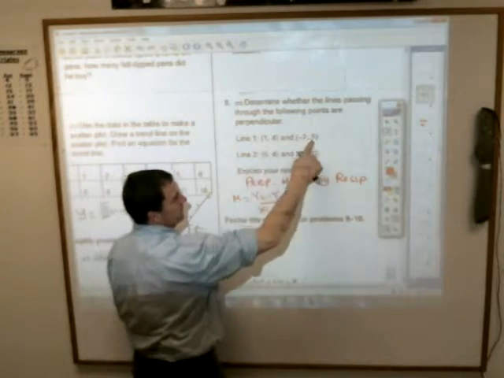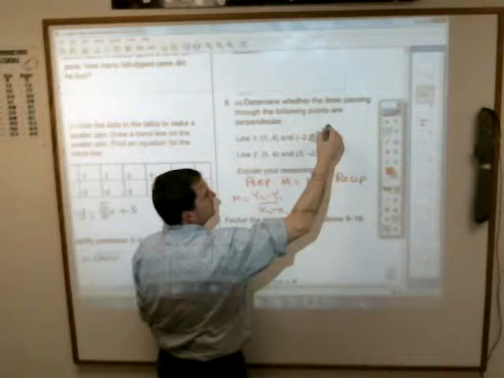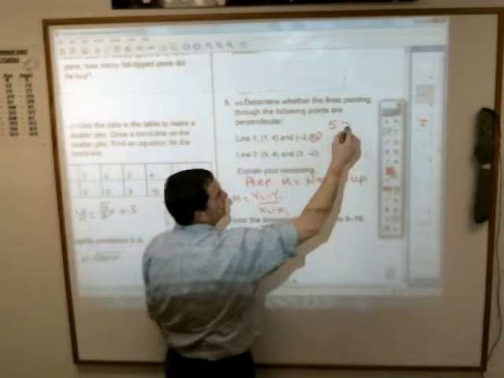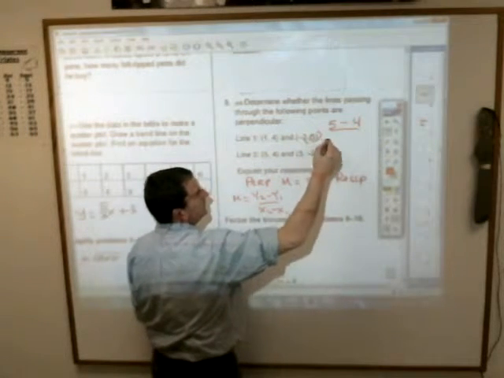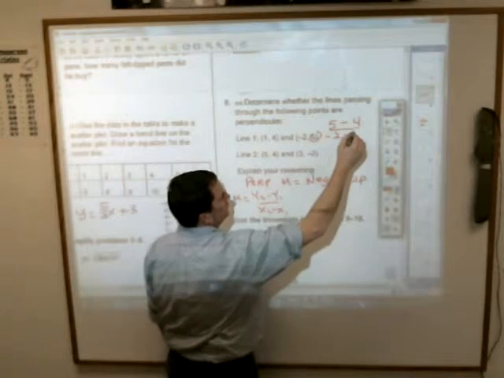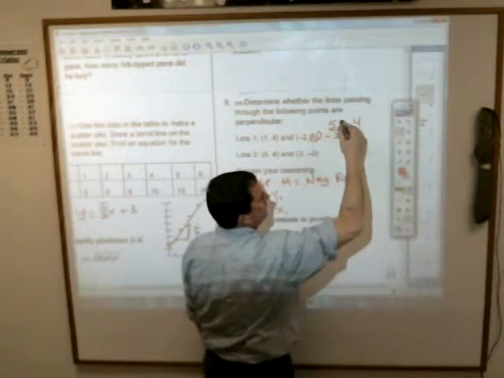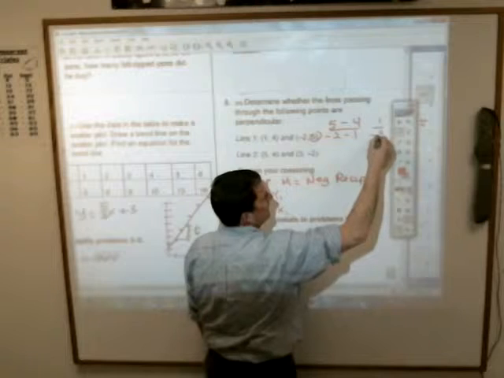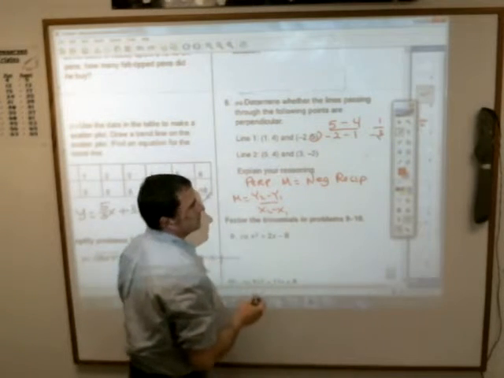So if we do that for this one right here, y2 minus y1 over x2 minus x1, the slope that I come up with is 1 over negative 3. So it's a negative 1/3 slope, right?